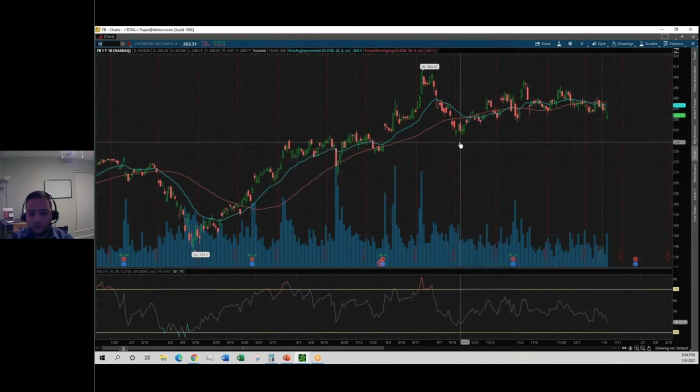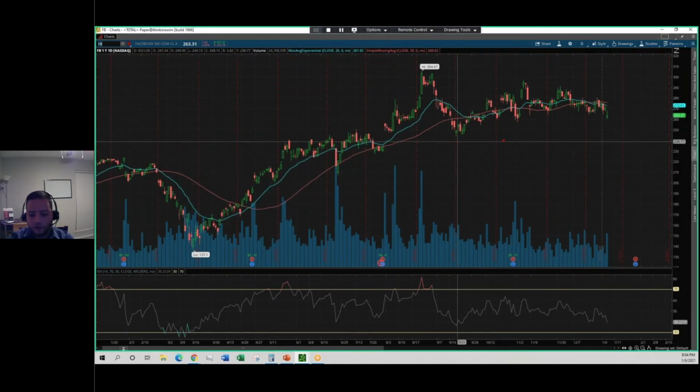We also have to take into account the context of the last couple of months in Facebook. There's not much of a trend here. We could argue that this is mostly a sideways move. It's not like this other move where the clear uptrend is there. This is mostly sideways, now leaning towards the downside. So this is the danger of trying to play crossovers on directionless markets.